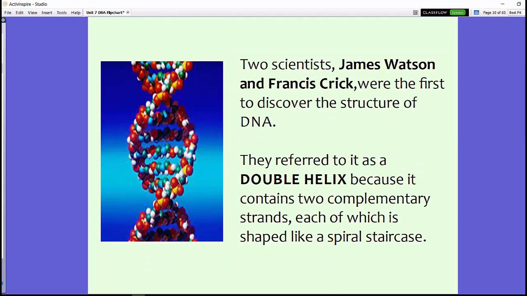Two scientists actually took credit for discovering the structure of DNA. Around the 1960s, we really didn't know what DNA looked like. We knew that DNA existed, but we didn't know its structure. Two scientists, James Watson and Francis Crick, were the first to discover the structure of DNA. Now, this doesn't necessarily mean that they actually did it.